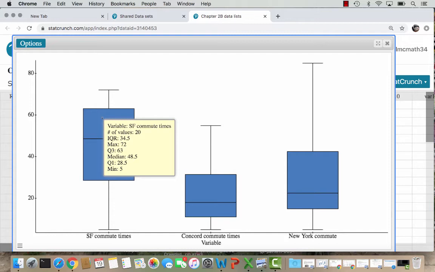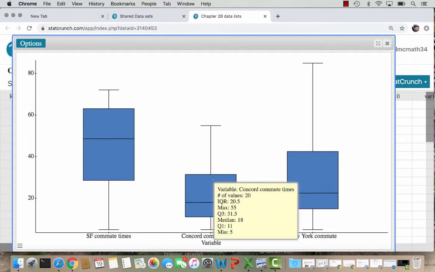We call the middle box a typical range of values because we are not including any extremely low values and we're not including any extremely high values. We've got that middle measure. If we move over to Concord and hover our mouse over Concord, we see again there's 20 values.